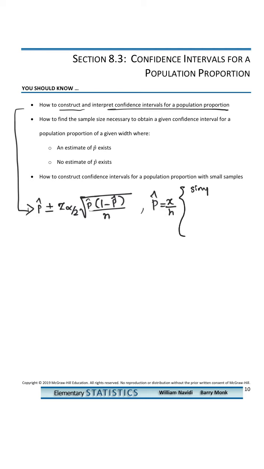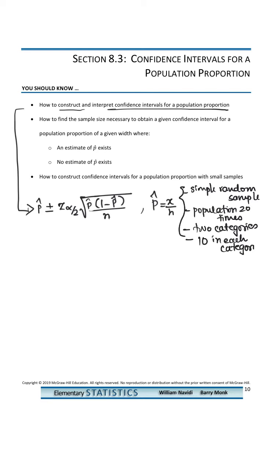It's a simple random sample, and the population is 20 times the sample, and it has two categories, and each category has 10. So at least 10 in each category.